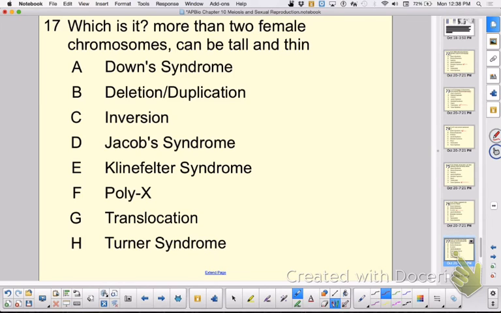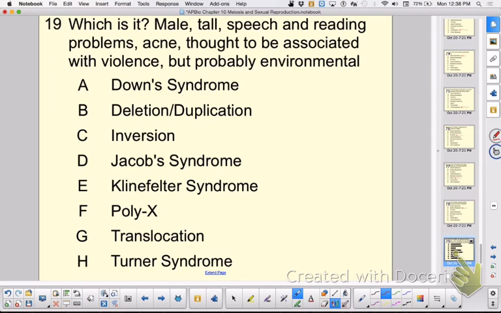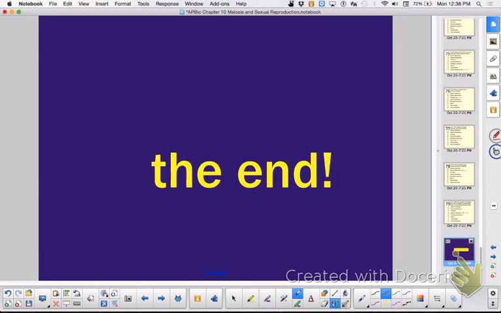Poly-X. The one you kept saying the entire lesson. Yep. Deletion or duplication. Good. Let me know if it's in the name. Jacob syndrome. Because they go to prison. Yeah. Jacob. The end. Yay!